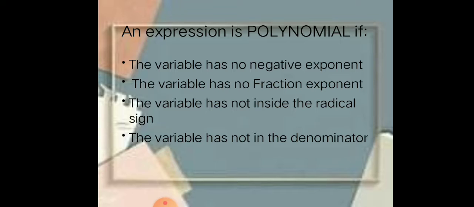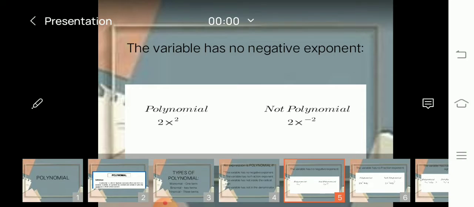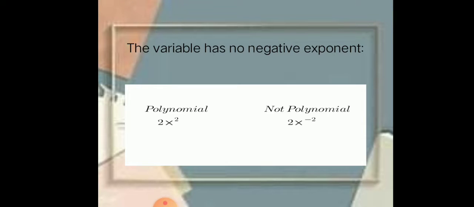So, start with the variable has no negative exponent. I will give you some examples. The variable has no negative exponent. So, meaning, if your exponent is negative, it is not a polynomial. For example, the polynomial is 2x squared.